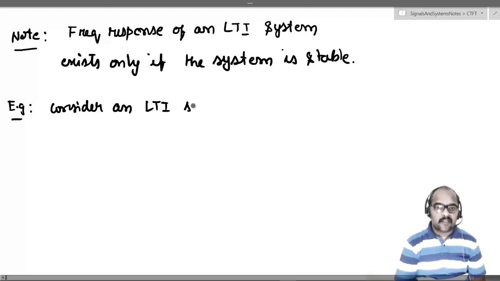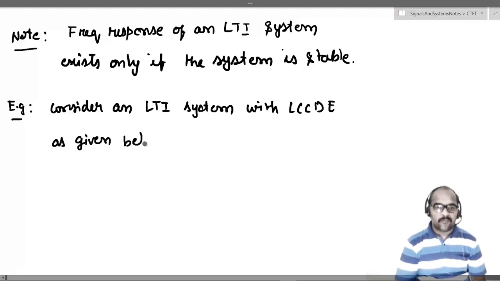Consider an LTI system with LCCDE. What does it mean? Linear constant coefficient differential equations, as given below.